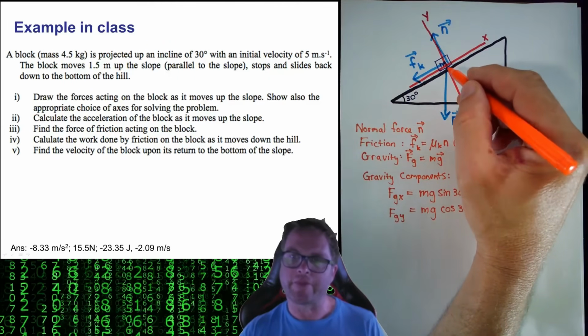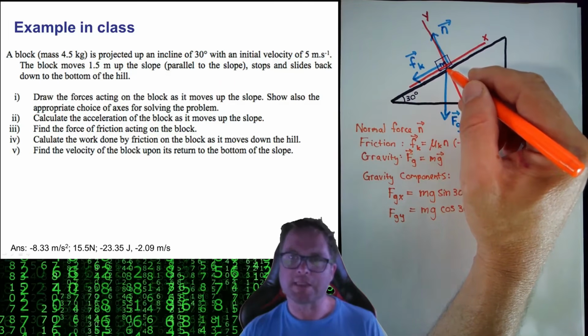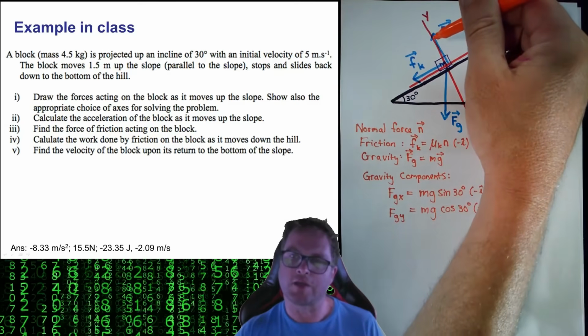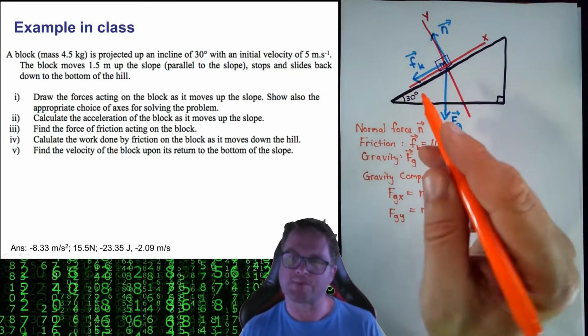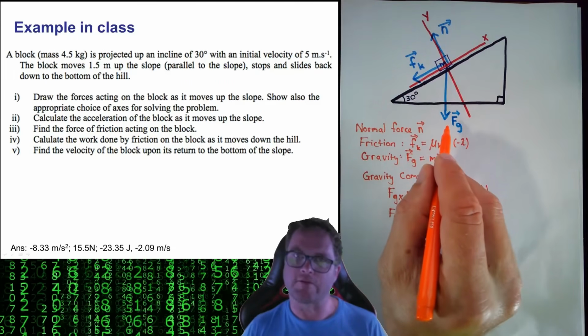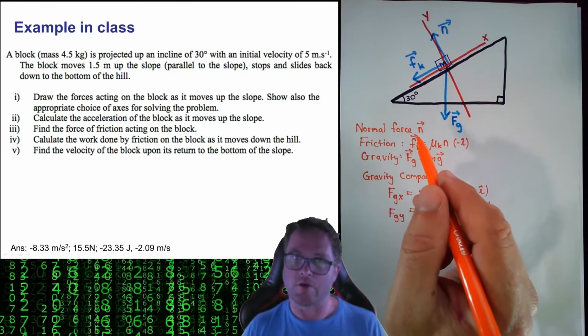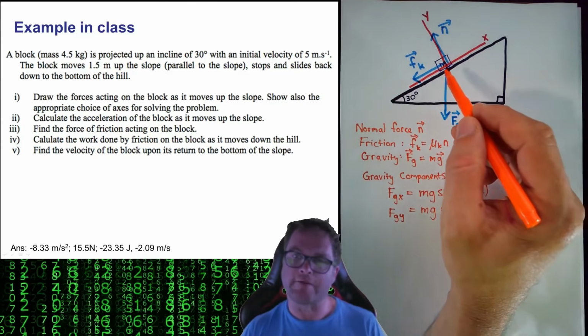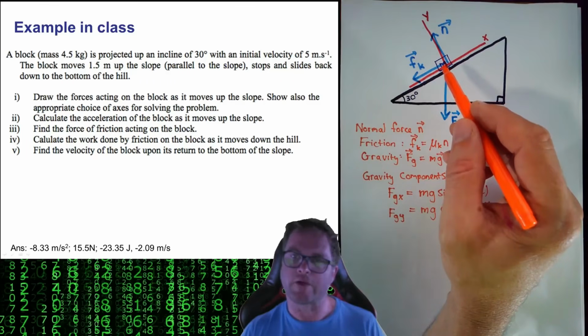We're going to have the block being in contact with the surface. So that means that there's going to be a normal force, and the normal force is going to be perpendicular to the surface. Just returning briefly to the force of gravity, of course we could also break that into its components. The third force that we're going to have acting is the force of friction.